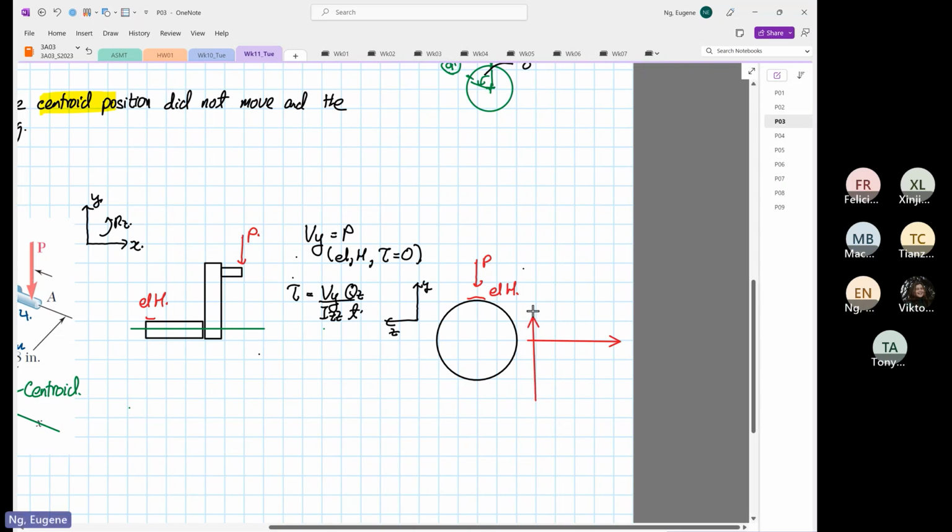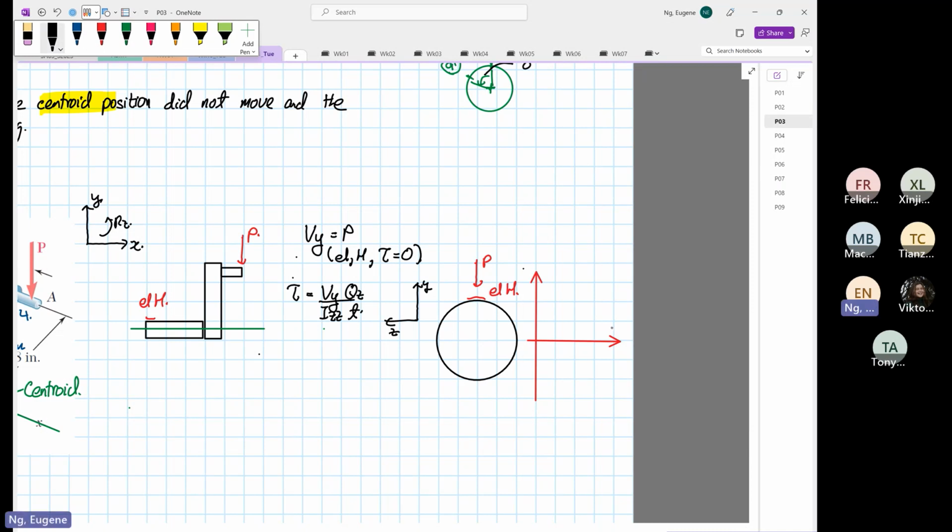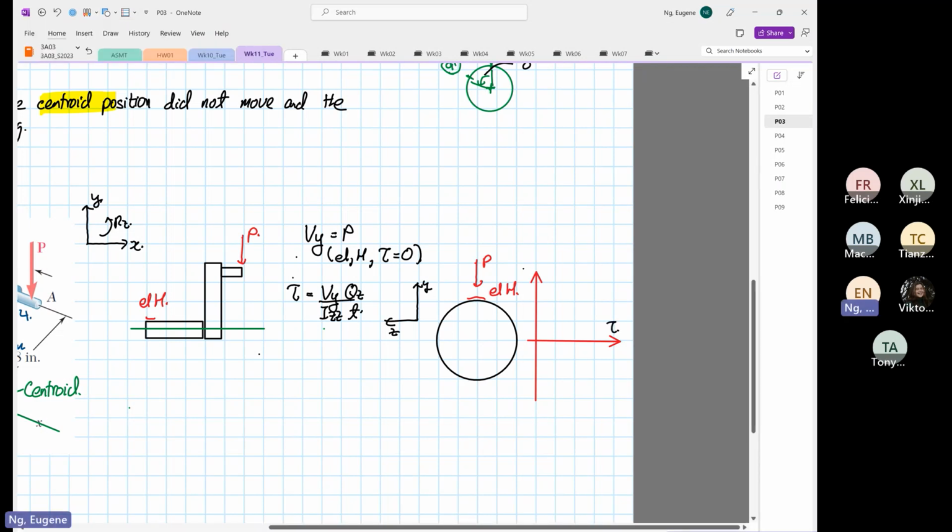This is our shear stress, and this is our Y displacement. We know that the shear stress will distribute like this. So at element H, the shear stress will be equal to what? 0, right? So that's where you have to recall what you have learned since week 1. Now we are combining everything together, normal stresses and shearing stresses, all into one.